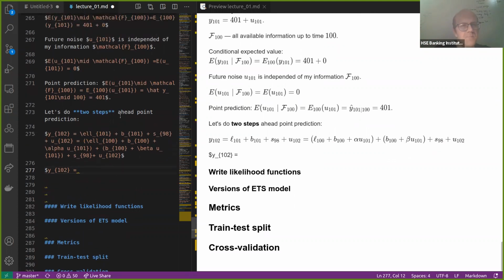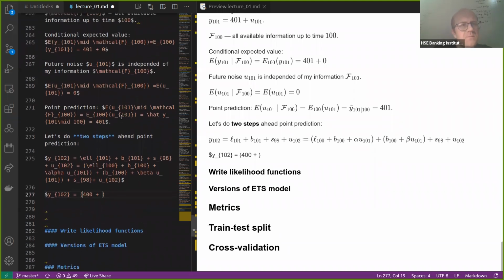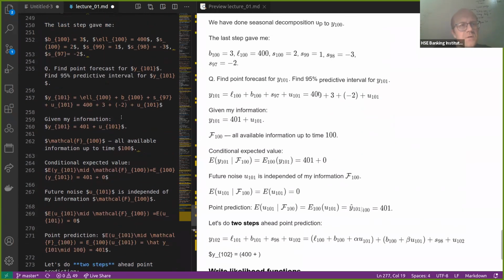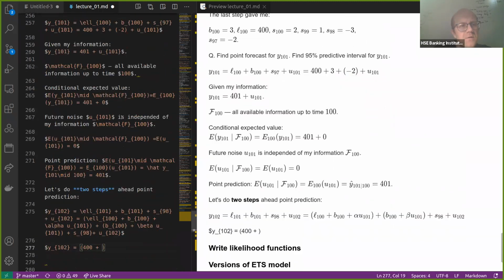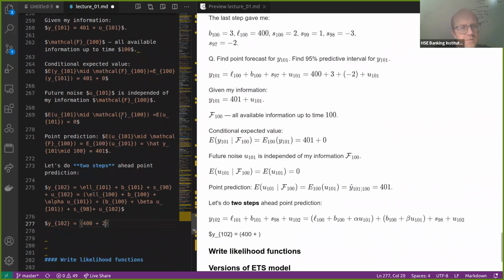So it will be, I think, 400 plus, what was B100, as far as I remember, oh, I forgot it. It was 3 plus 0.5 U101. That is the first term. Plus, what else do we have?